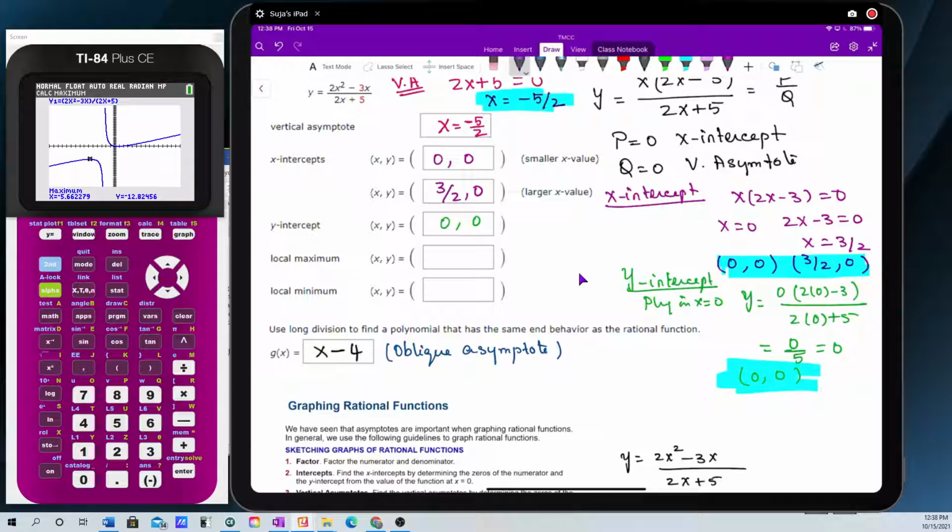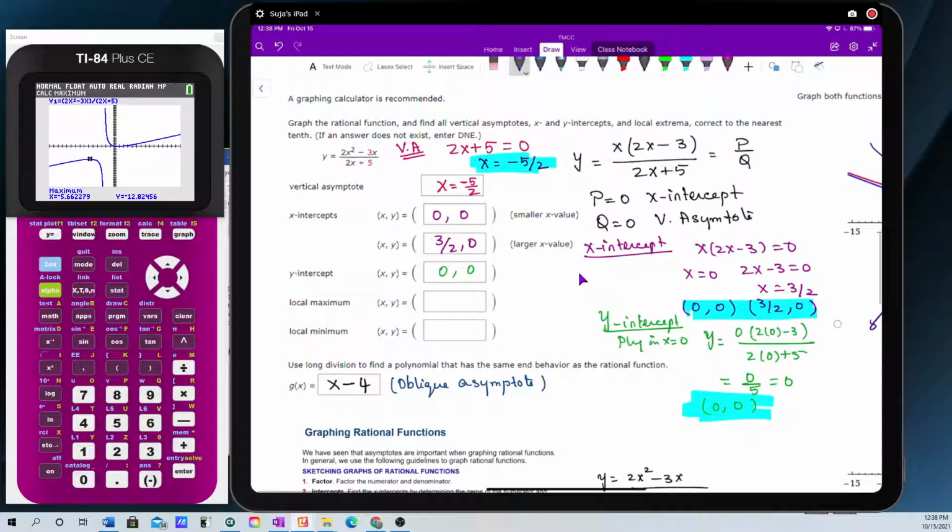Does it say round it off to 2 decimal places? Correct, here is something to remember. It says local extrema, correct to the nearest tenth. So I can say this is negative 5.7 comma negative 12.8. The x value is negative 5.7 and the y value is negative 12.8.